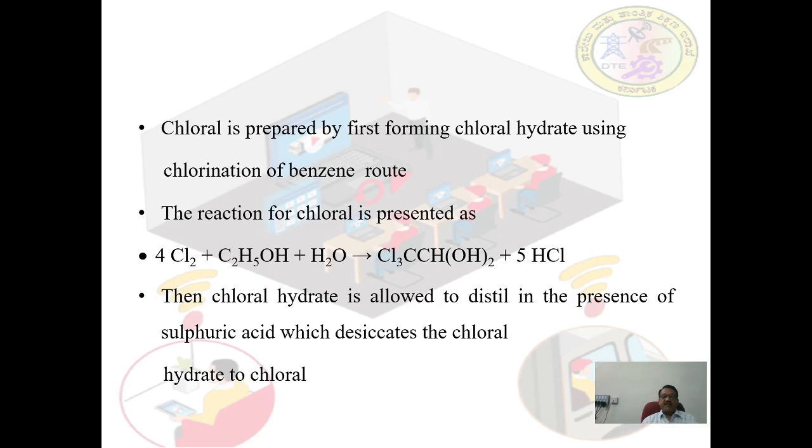Chloral is prepared by first forming chloral hydrate through chlorination of ethanol. The reaction for chloral is represented as chlorine plus ethyl alcohol with water gives chloral hydrate and hydrochloric acid.